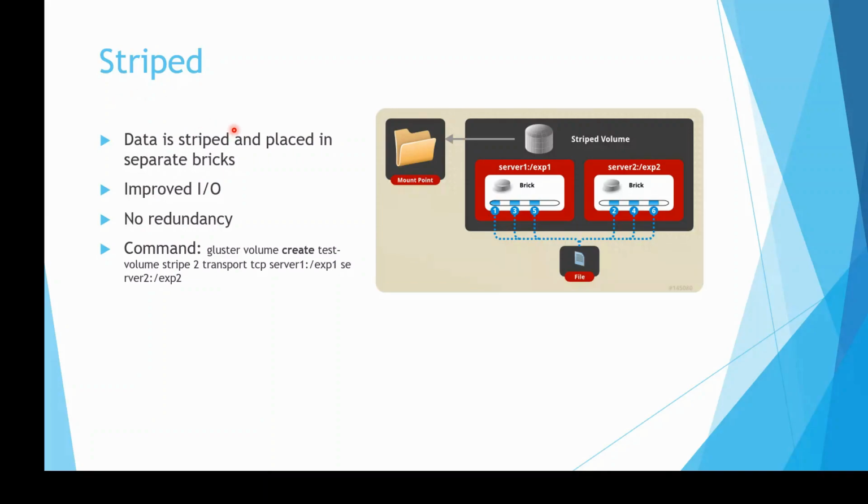It also has a striped volume. Basically, data is striped into multiple pieces and stored across servers. This one doesn't have the redundancy, but you have improved I/O. So if your data is important, then this one is not the right choice.